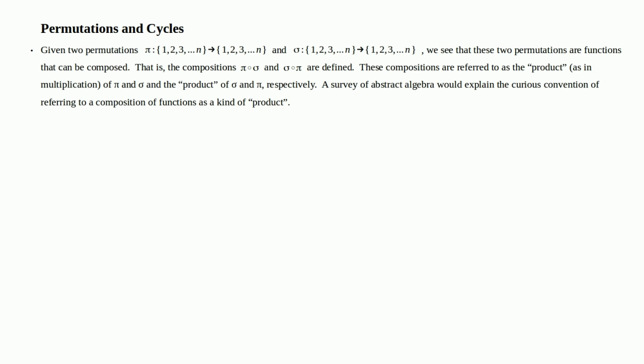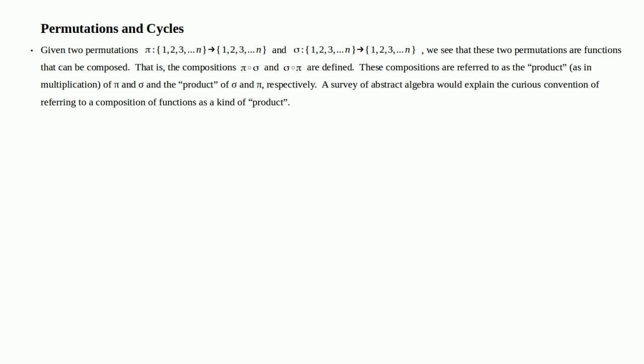Given two permutations, P from the set 1 through n to the set 1 through n, and sigma from the set 1 through n to the set 1 through n, we see that these two permutations are functions that can be composed. That is, the composition P composed with sigma and sigma composed with P are defined.